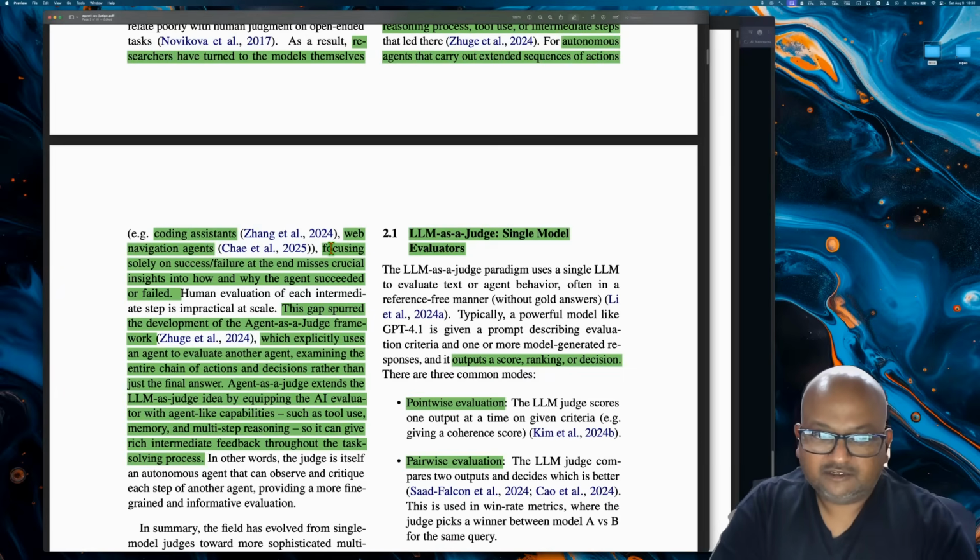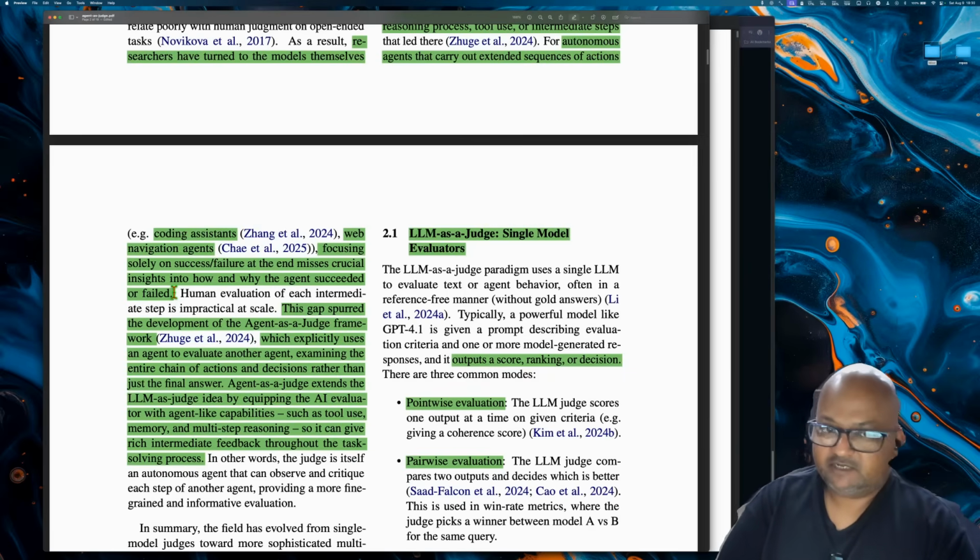And if you simply look at LLM as a judge and look at the properties of the final output, you will have ignored all the steps in between and how they performed and if something went wrong during those steps. So that's the crucial mismatch between using LLM as a judge for the complex agentic systems that we're building today.